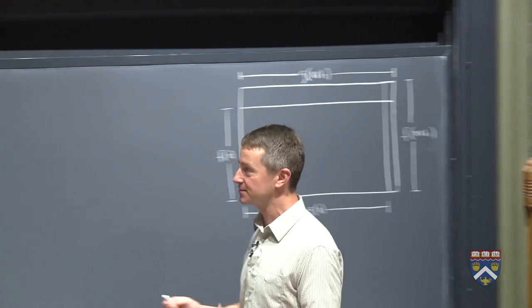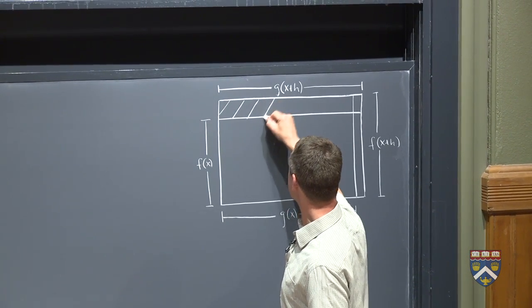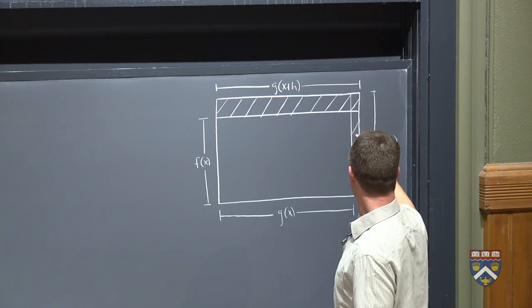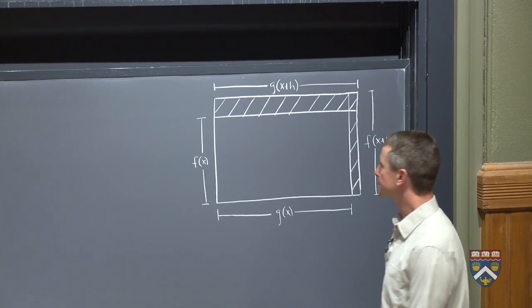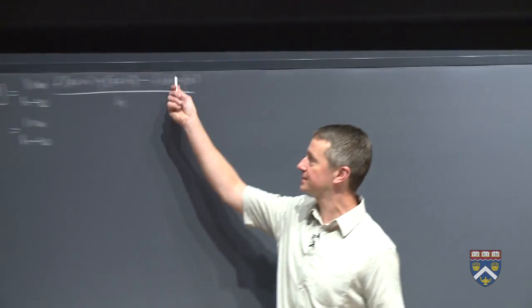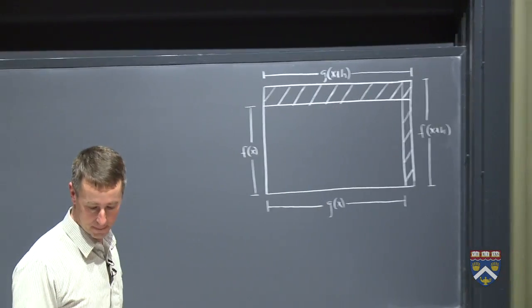Therefore, the difference, what I've got on the top of this fraction, is this part here. This part that's not counted, and this part. So I can rewrite this difference up here by adding up these two areas down here.